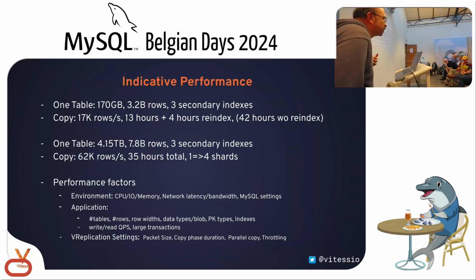The row width, because we are actually parsing the binlogs and reconstituting the SQL queries, so there's some cost associated. So it's very hard to give a benchmark for replication. There are some knobs: packet size, copy phase duration. You can do parallel copies while doing copy, and throttling, which can affect replication.